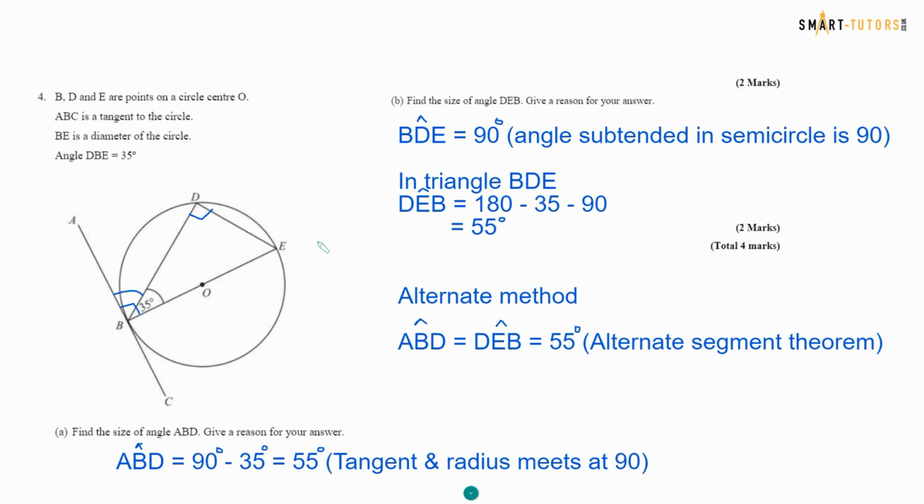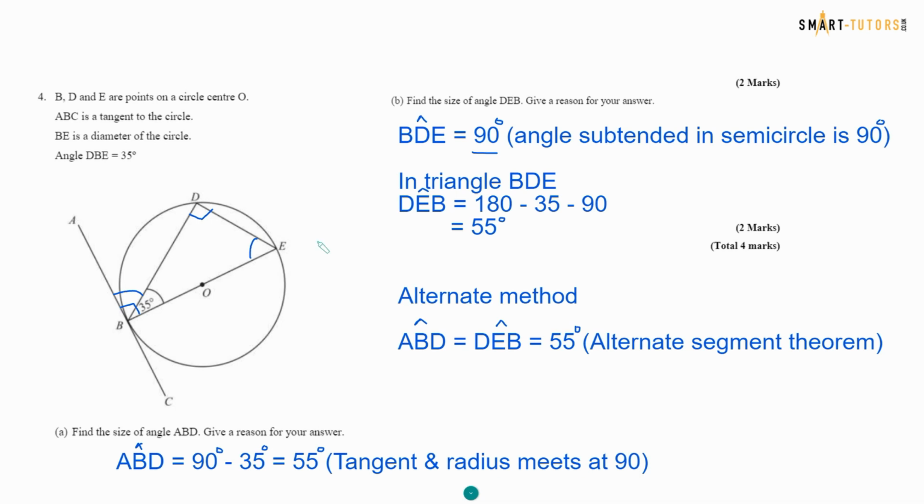So the tangent and radius meet at 90 degrees. So 55. Find the size of the angle DEB. BDE is 90 degrees because the angle subtended in a semicircle is 90 degrees.